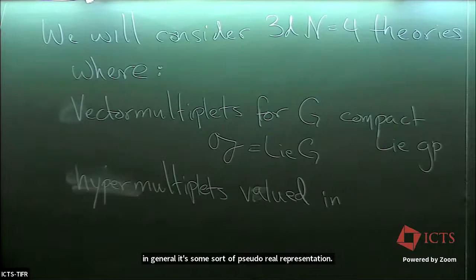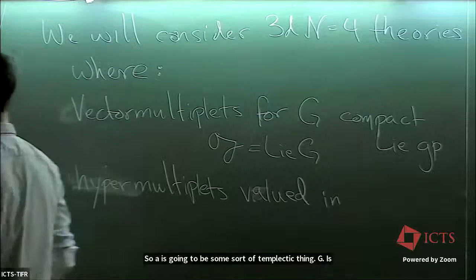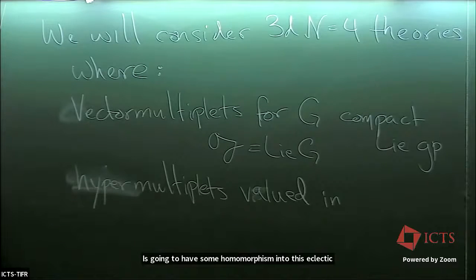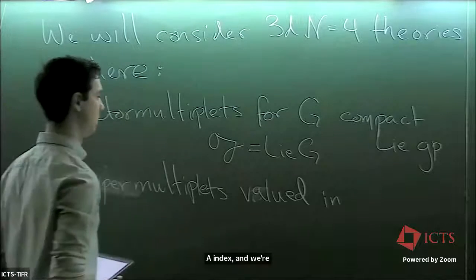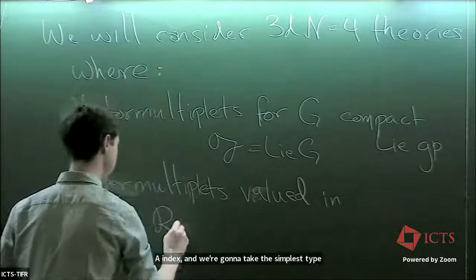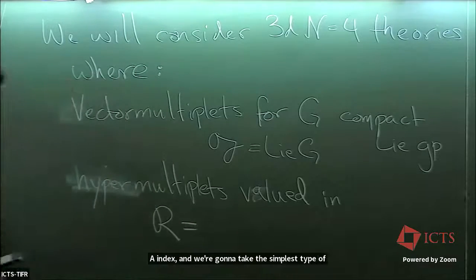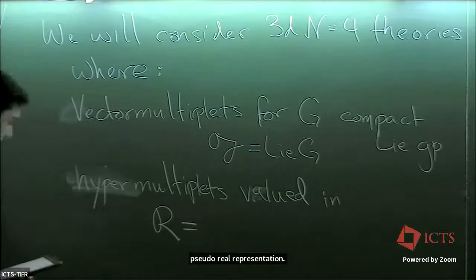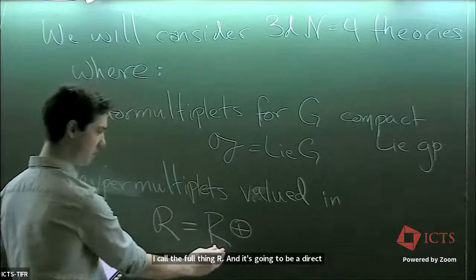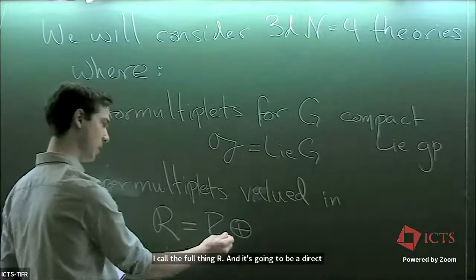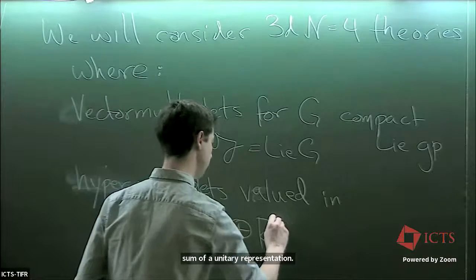G is going to have some homomorphism into the symplectic group that rotates this A index. And we're going to take the simplest type of pseudo-real representation. I'm going to call the full thing R, and it's going to be a direct sum of a unitary representation, script R, and its conjugate.